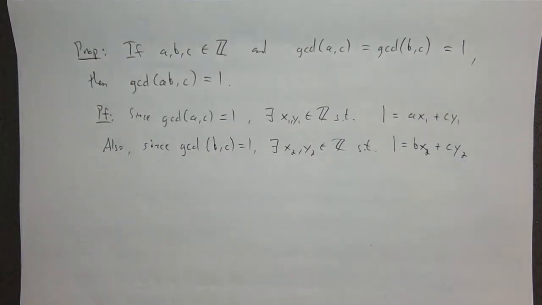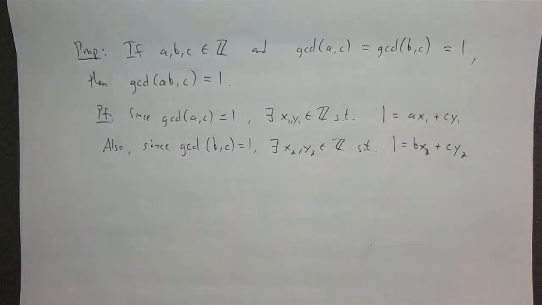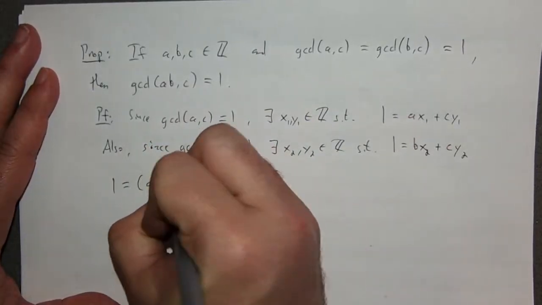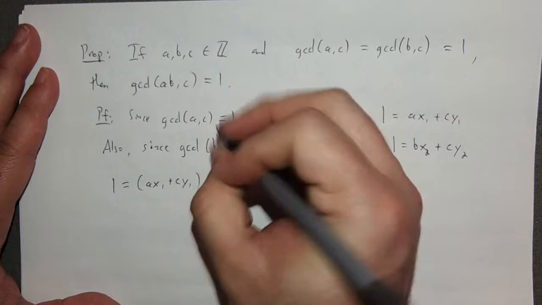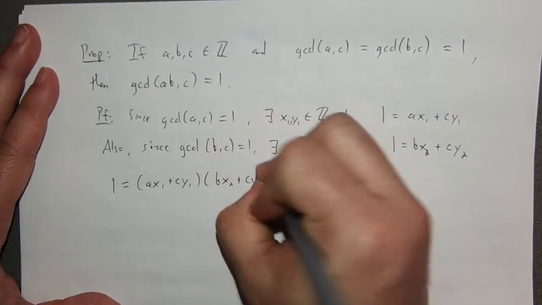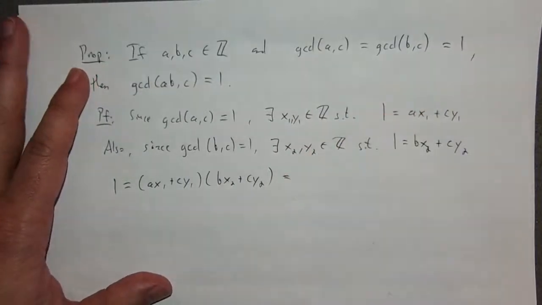Okay. All right. So then what's the idea? The idea is to multiply these expressions. So 1 times 1. These are just two different creative ways of writing 1, but 1 times 1 is 1. So 1 is equal to that product. That's A x sub 1 plus C y sub 1 times B x sub 2 plus C y sub 2. Okay, and when I expand this out, what do I get?